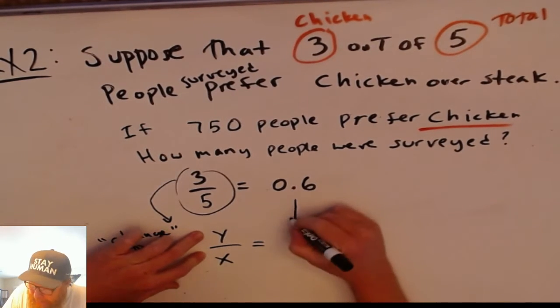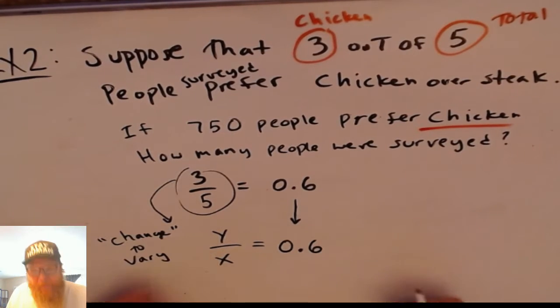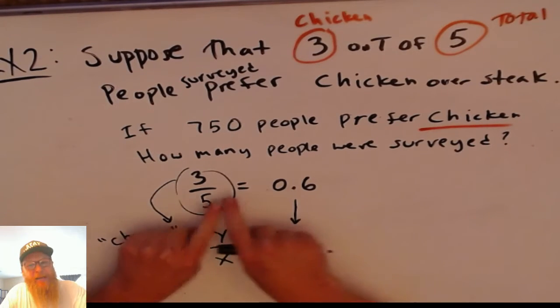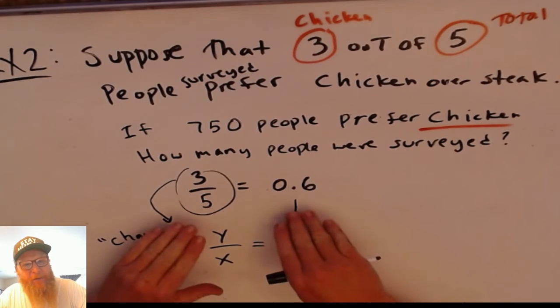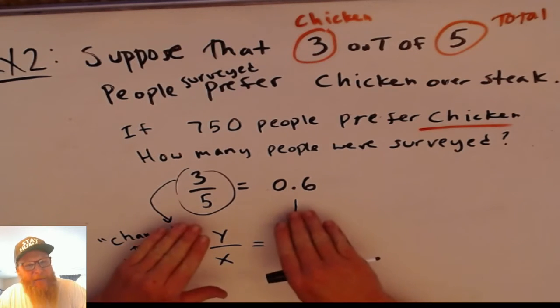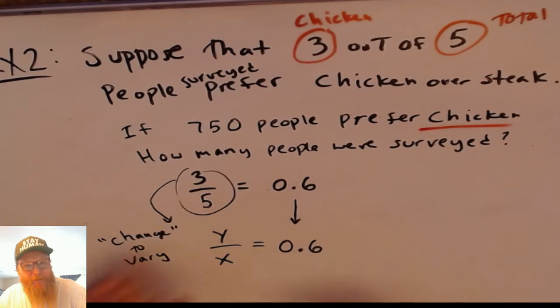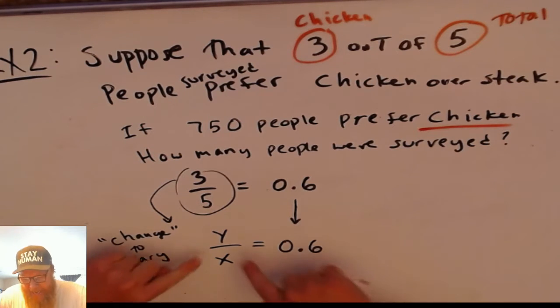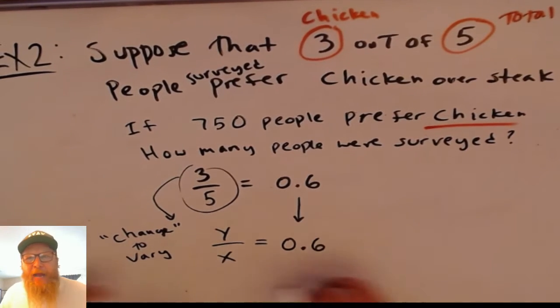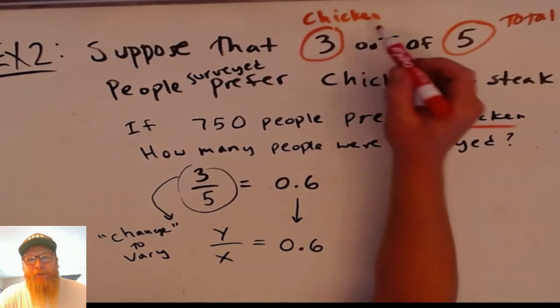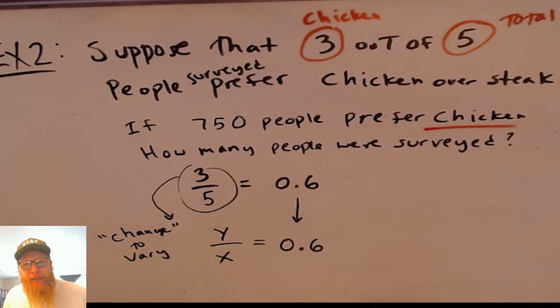The 0.6 is going to remain constant. So once I've determined this constant in this proportion is 6 out of 10, or 60%, or 0.6, I just have to remember, as I called it in the last lecture, making your bed: which one represents chicken and which one represents steak.